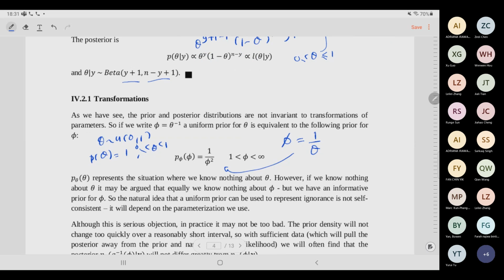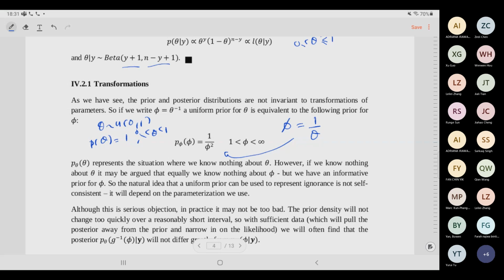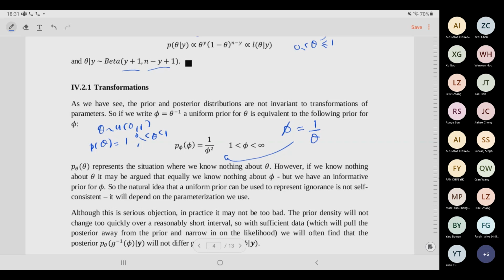So this implies that I say I know nothing about theta: theta is uniform (0, 1), a flat prior, a non-informative distribution for theta. However, when I use the transformation phi is 1 over theta, if I know nothing about theta, then even if I change the parameterization to phi, I should also know nothing about phi, supposedly.